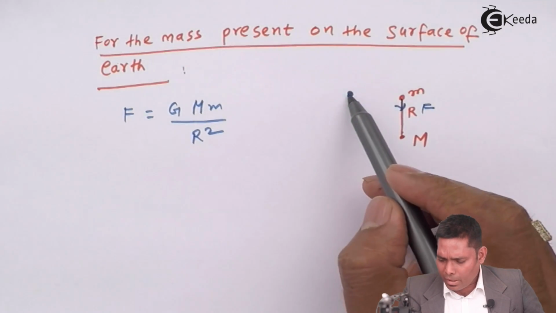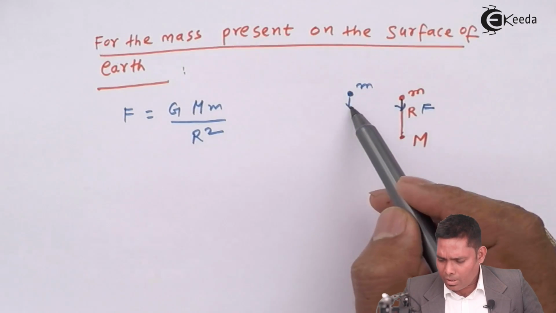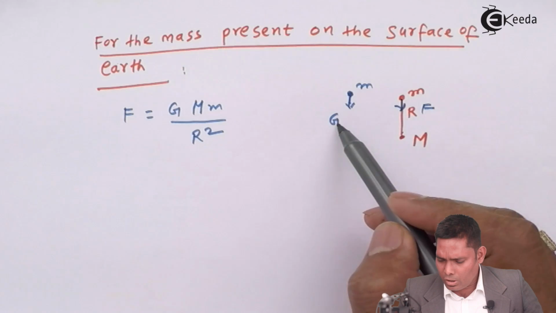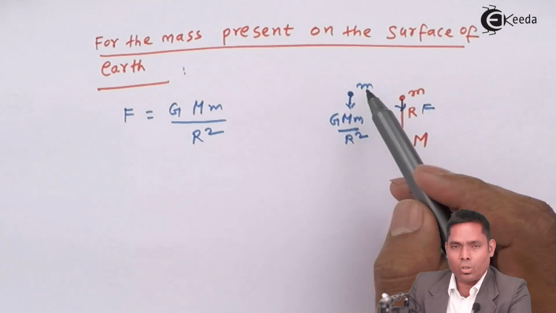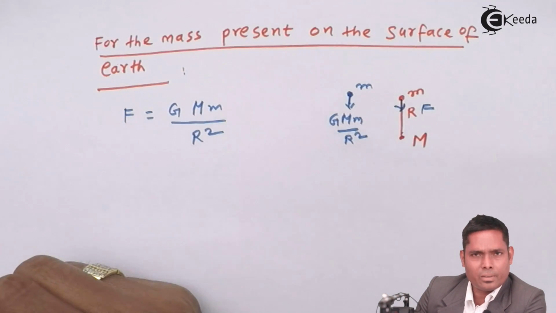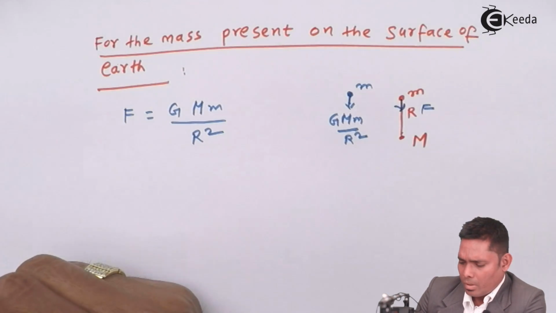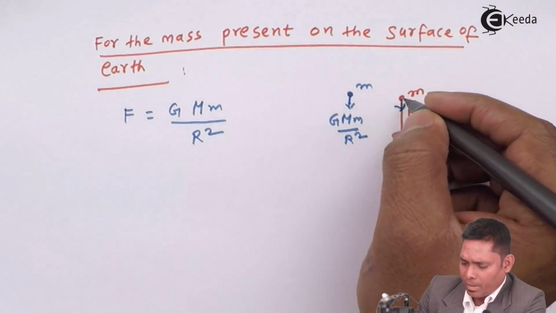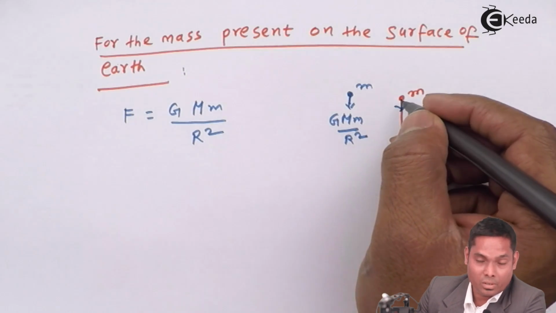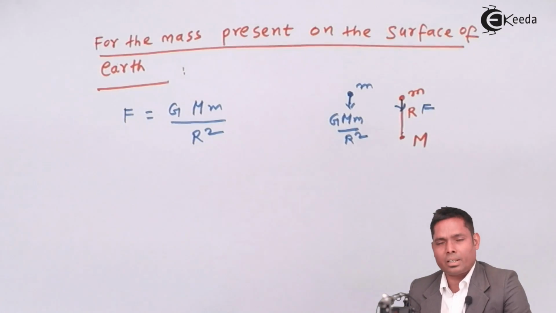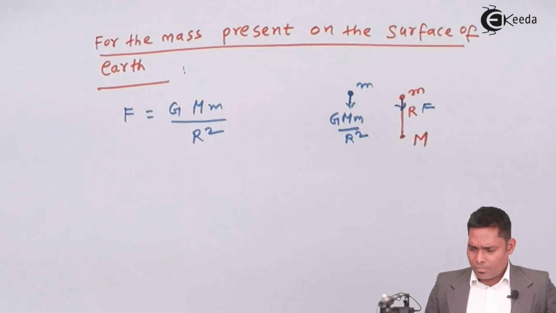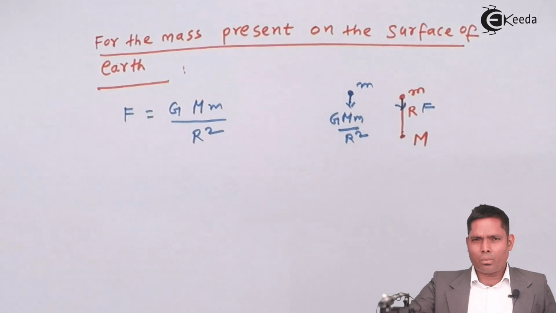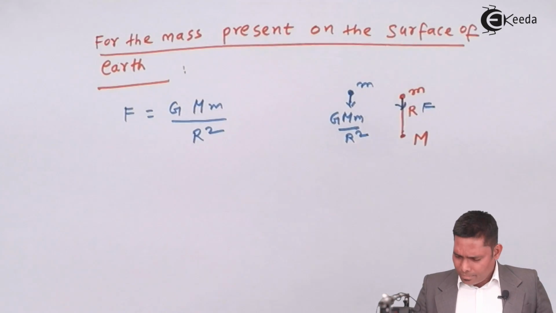If any object of mass m is subjected to a force of GMm upon r square, then this is the only net force that is acting on it. Obviously, I'm keeping this mass not exactly on the surface of the Earth, just a little above it, because in that case I would have to consider the normal reaction. To avoid that, I'm keeping the object at a certain height.